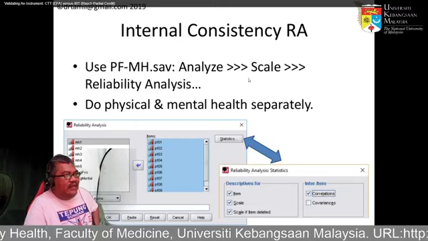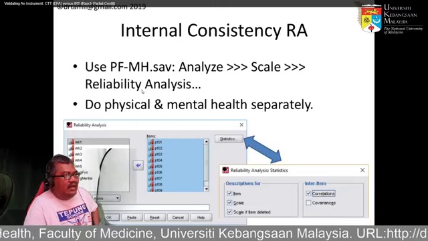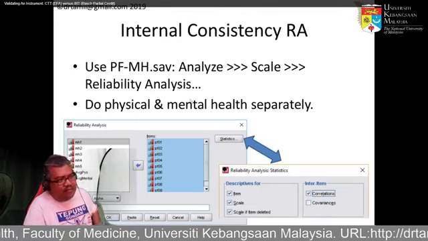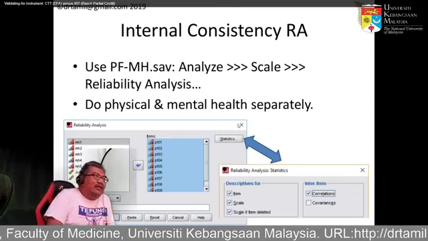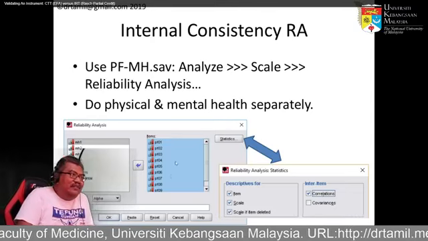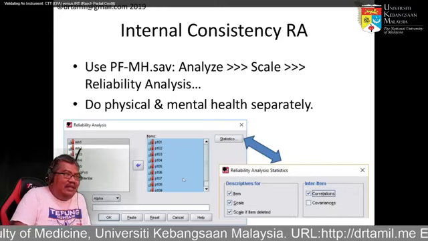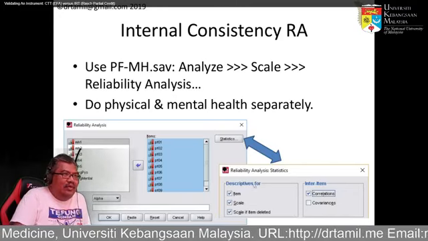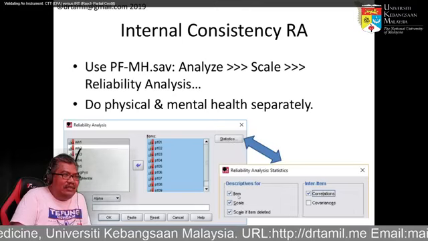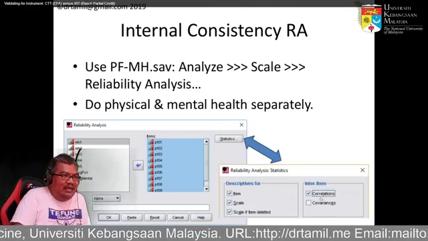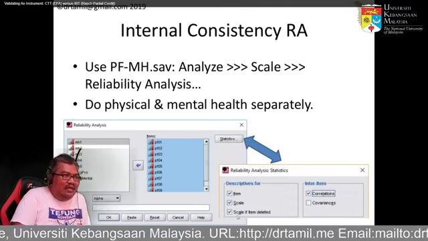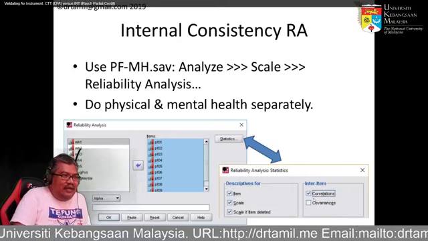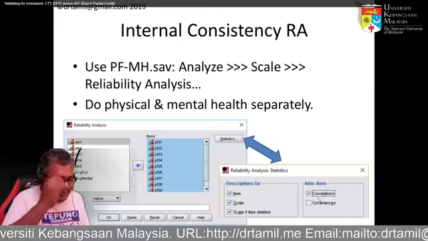You click on analyze, scale, reliability analysis. Then you run the Cronbach alpha for physical function and the mental health separately. What to click? You click on statistics, then you select everything that's there, like item, scale if item is deleted, and correlations.